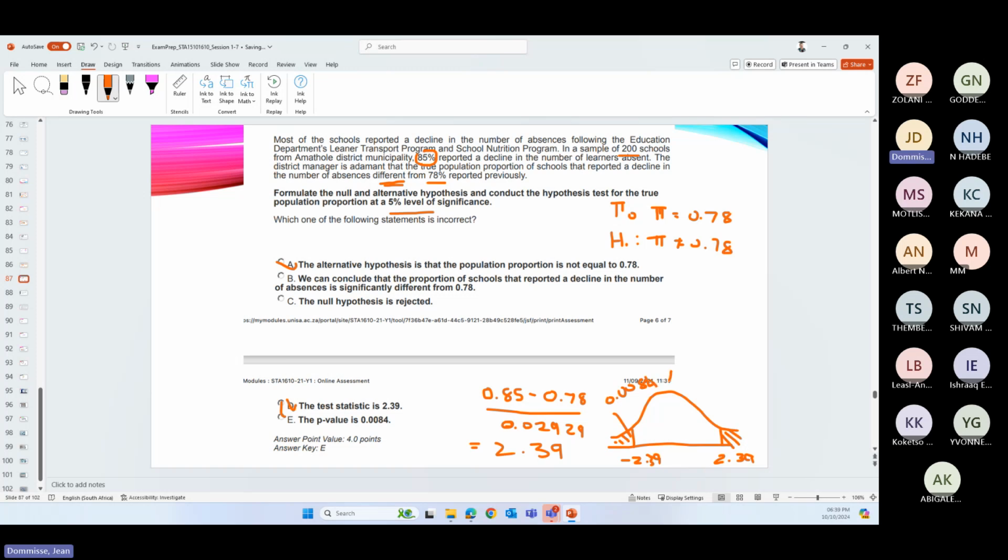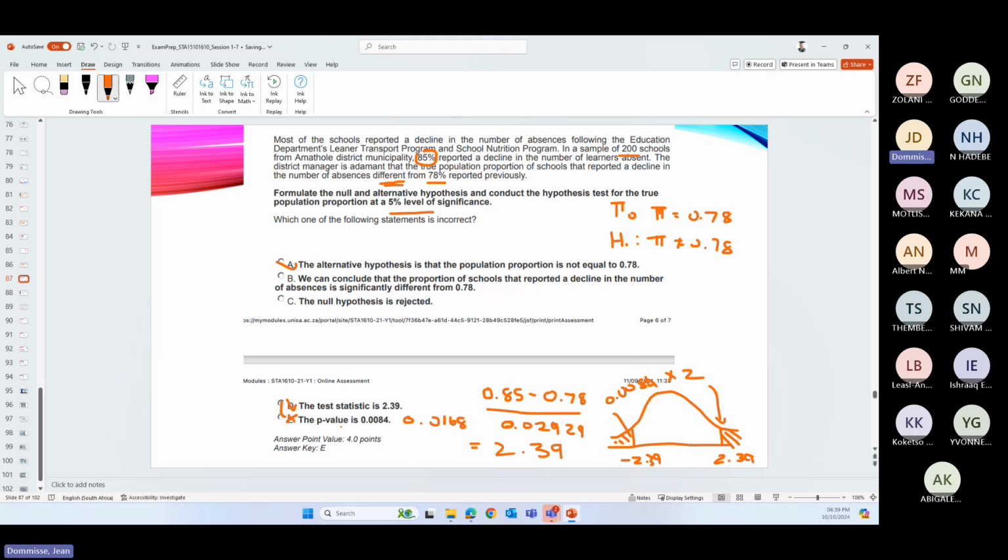We need to multiply that by 2 because there's one there as well. So that one will actually be incorrect, because it is 0.0084 times 2, which will give us a right answer of 0,0168.